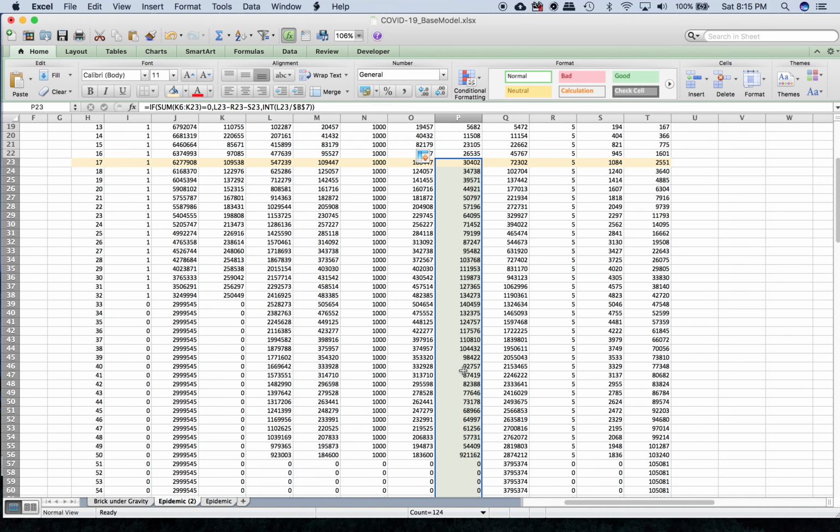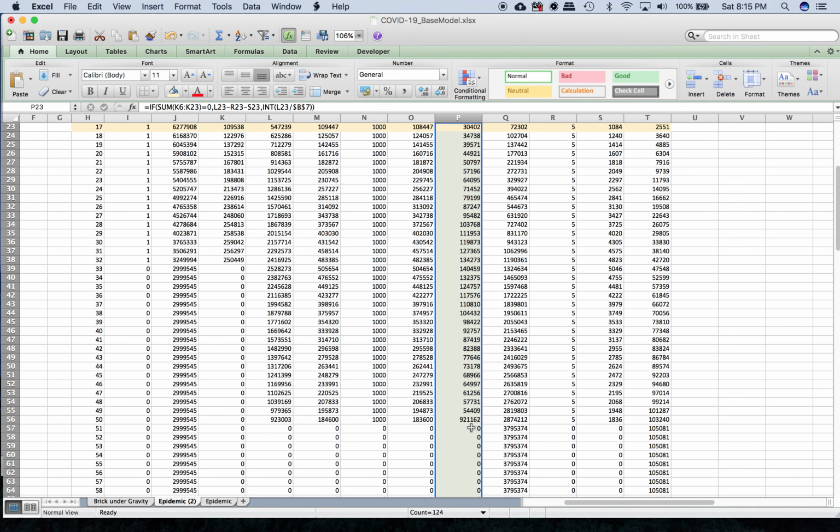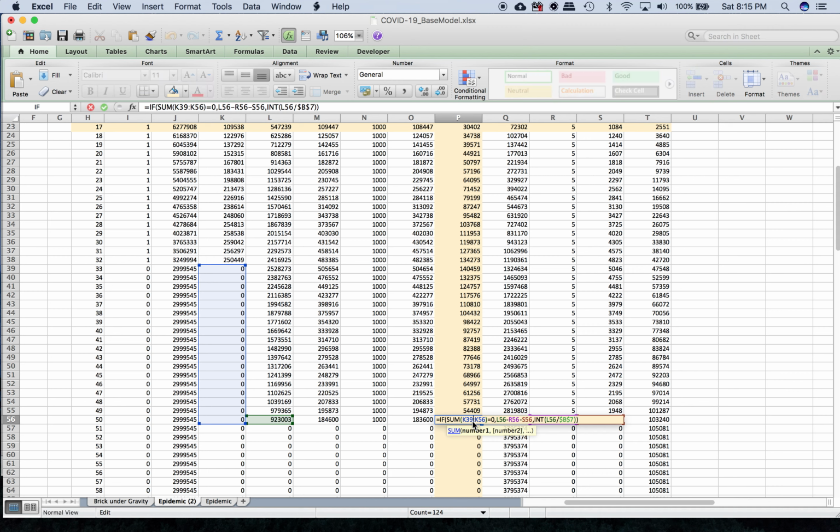Okay, so what this is doing, and you'll be clear to see it here, it's summing up the previous 18 days. So it's looking here to see if there are zeros, and zeros here mean that it's 18 days of quarantine. So if you've had 18 days of quarantine, everyone should be moving from the sick population to the recovered population. So if the sum of these rows is 18, then everyone left in this sick population, this 923,000, is going to move into the recovered population.